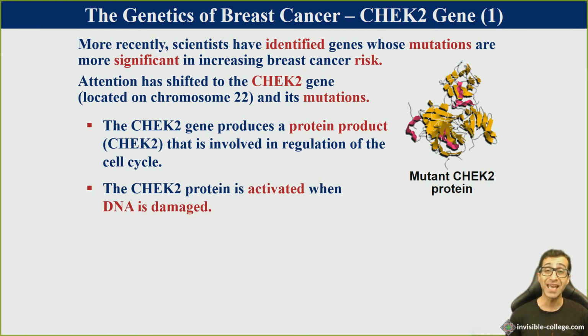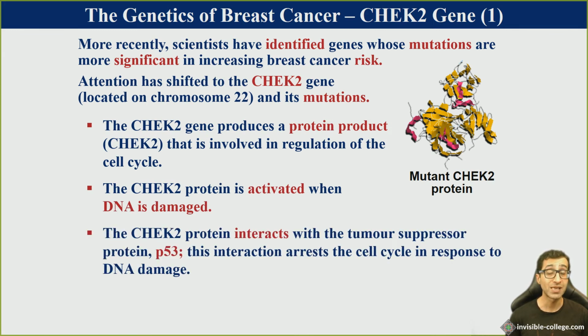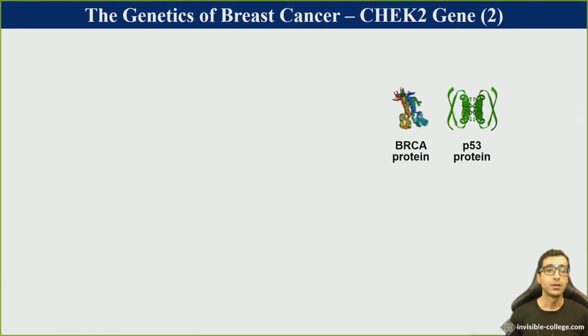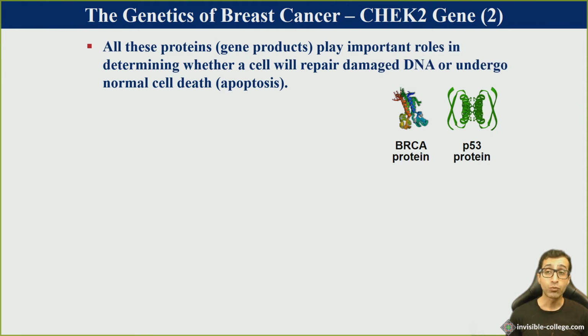So this protein interacts with the tumour suppressor protein p53, and it's this interaction which arrests the cell cycle in response to DNA damage. So the CHEK2 protein also regulates the action of the BRCA1 protein. So all these protein gene products play important roles, rather, in determining whether a cell will repair the DNA or will undergo normal programmed cell death or apoptosis.